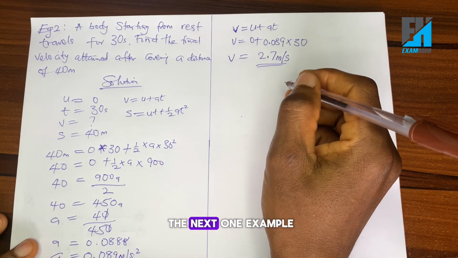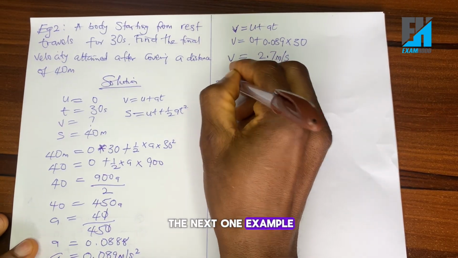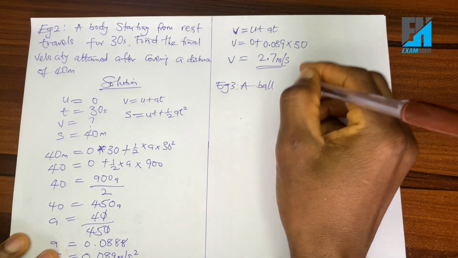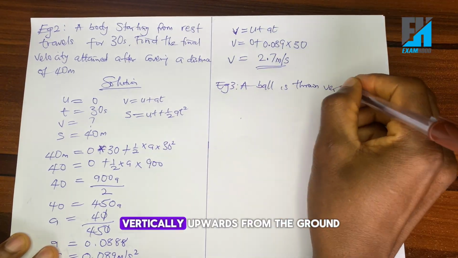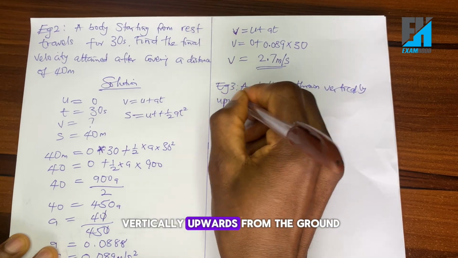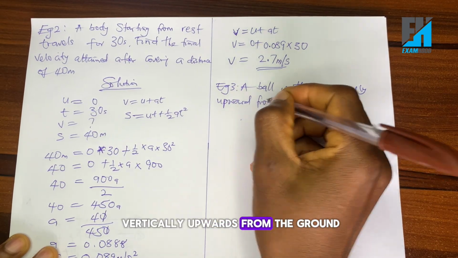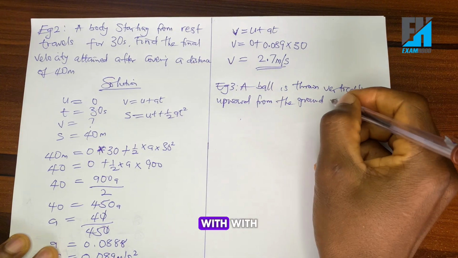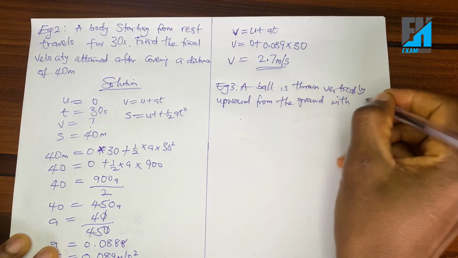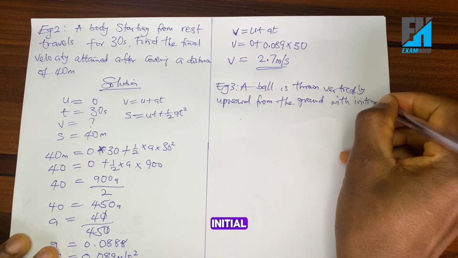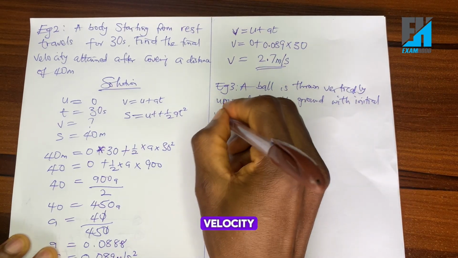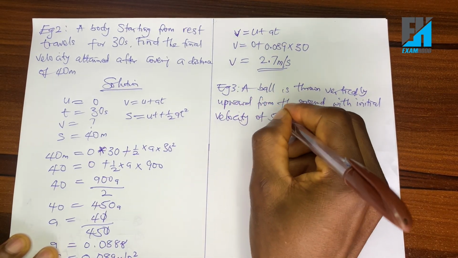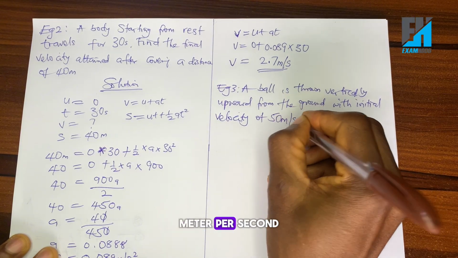So let's look at the next one, example 3 now. A ball is thrown vertically upward from the ground with an initial velocity of 50 meters per second.